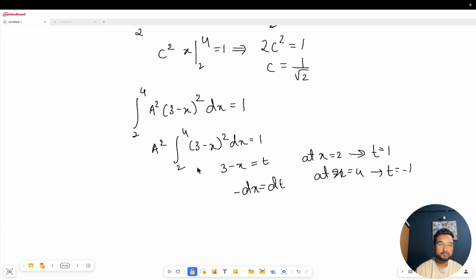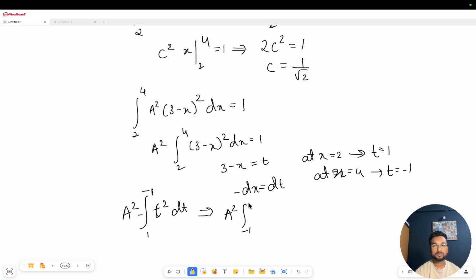So now the integration will change to a square into, from 1 to minus 1, t square, and dx will be minus dt. If I take minus inside this, you will get a square, minus 1 to 1, t square dt.